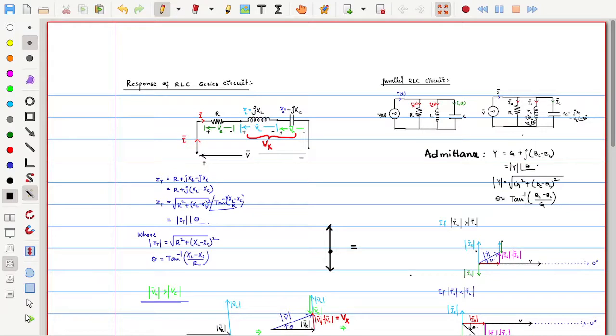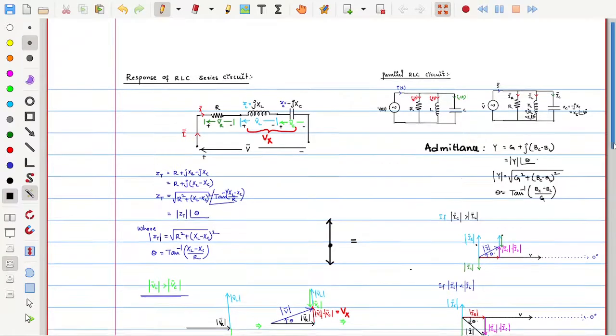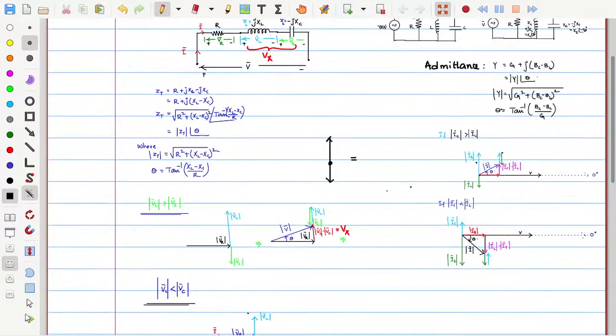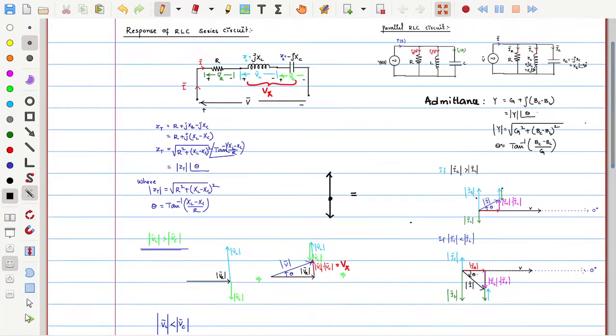And when we talk about the parallel circuit, we see everything in terms of the currents instead of voltage. Why? Because voltage across each of these elements is the same. Now, as in the series circuit, here it depends on which current is dominating. Is the inductive current dominating or capacitive current dominating?